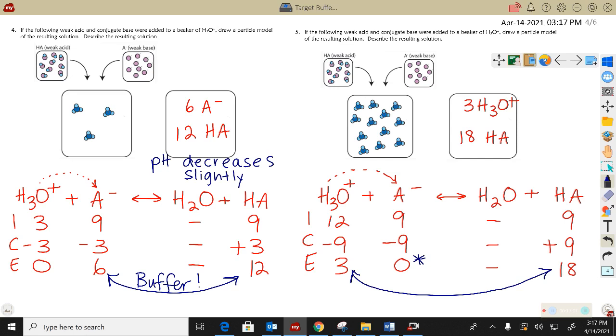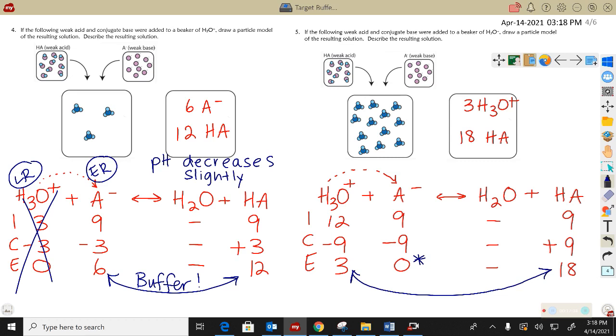I've gone beyond its capacity. In most cases, we wanted the strong acid to be the limiting reactant because then we got rid of it. It went down to 0, and we wanted the buffer to be the excess reactant. So I still had my buffer at equilibrium. It's just that the ratio shifted a little bit.